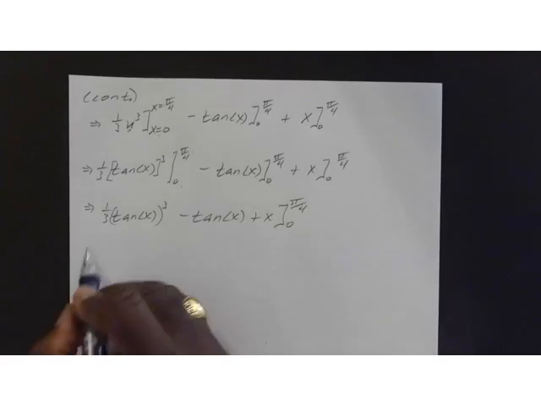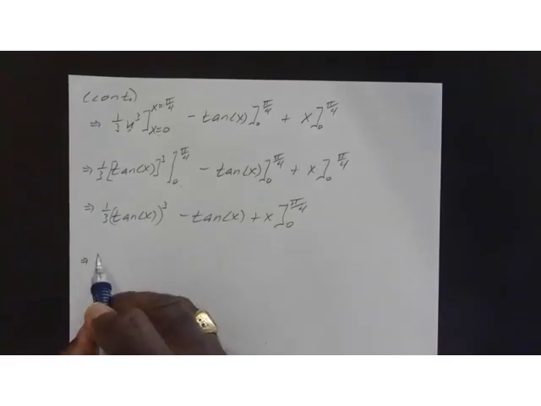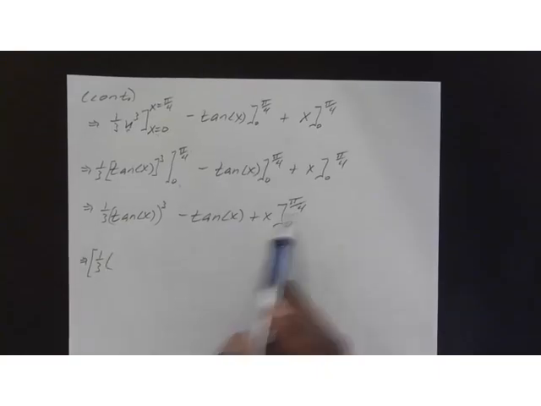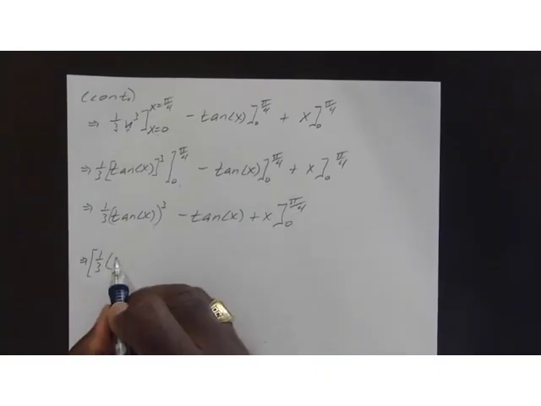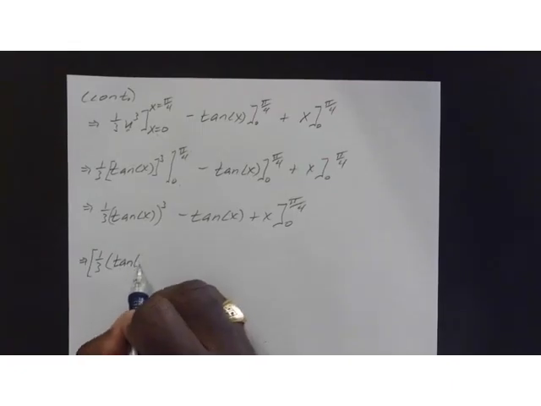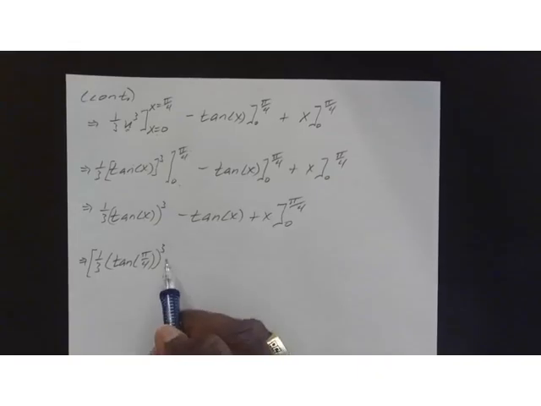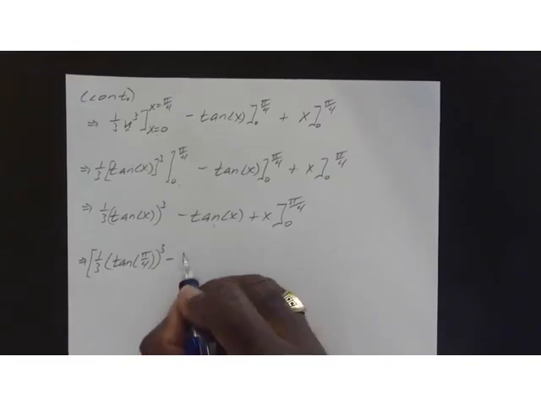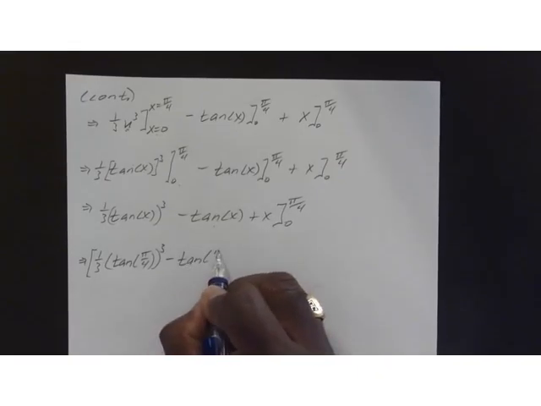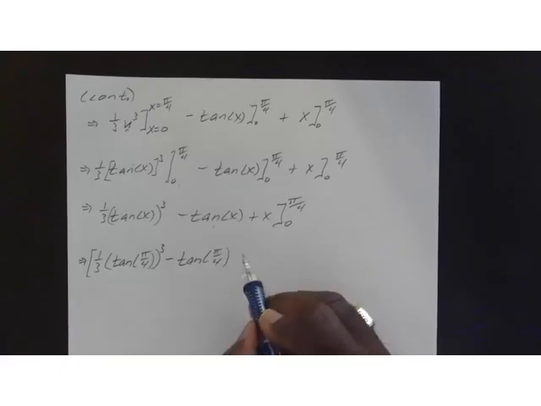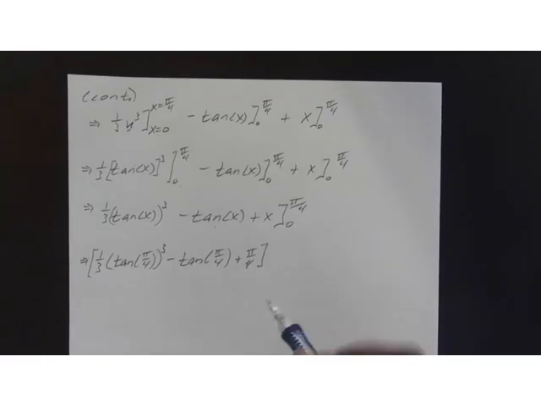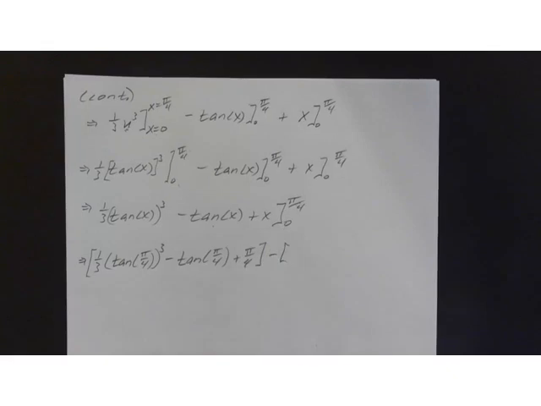So we plug in our upper bound. So that's 1/3 times tangent of pi over 4 to the third power, minus tangent of pi over 4, plus pi over 4, minus, we go ahead and plug in our lower bound.